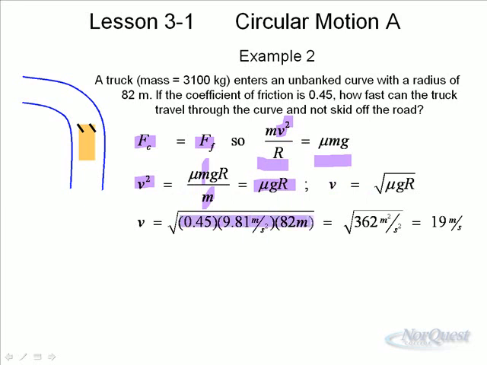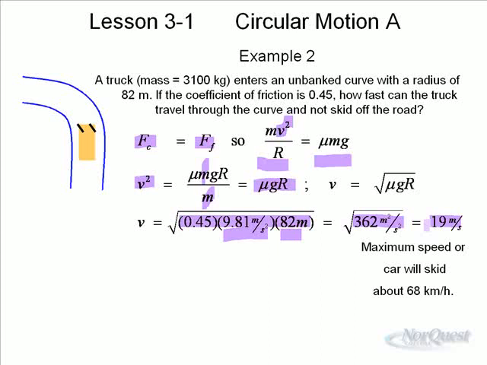When we do our substitution, the maximum speed of the truck as it goes through that curve is 0.45, the coefficient, times the acceleration of gravity and times the radius of the curve, which gives us 362, but of course we have to take the square root of that, and that gives us 19 meters per second. Now 19 meters per second is about 68 kilometers per hour. I found that out by taking my 19 and multiplying by 3.6.